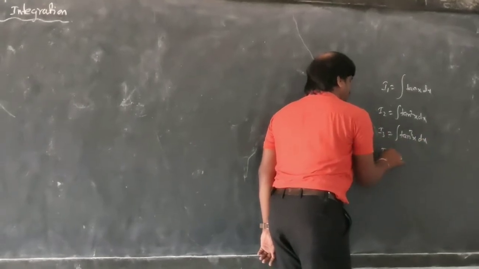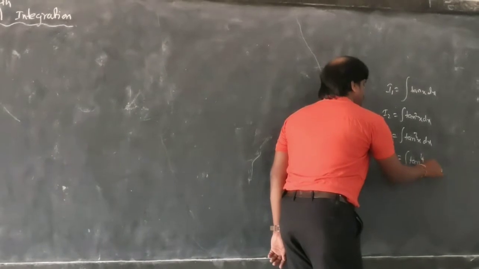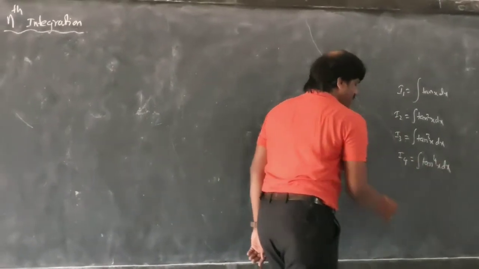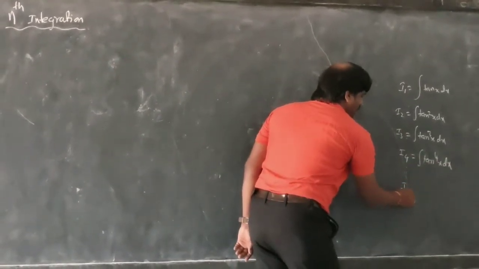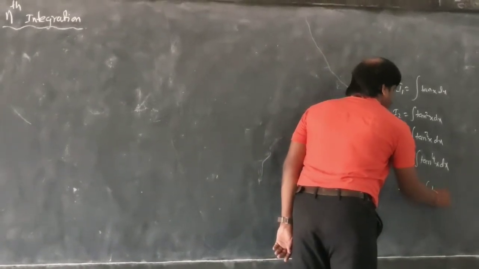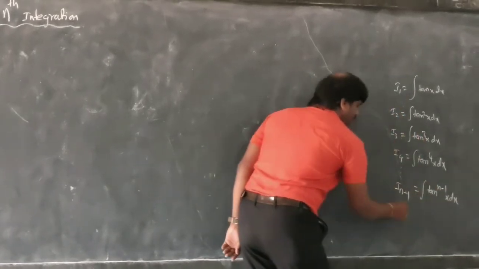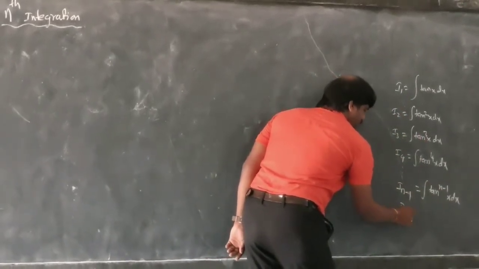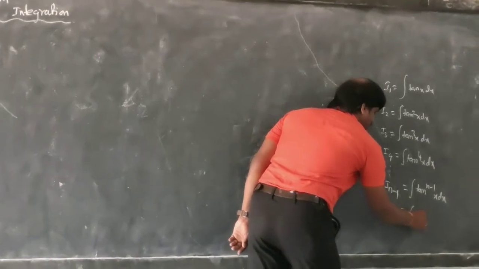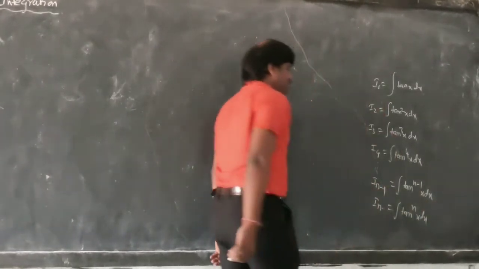When you have I4, we write tan power 4 x dx. Likewise, if I write In minus 1, then I can write it as the integration of tan power n minus 1 x dx. If I have In, then I can write it as the integration of tan power n x dx.